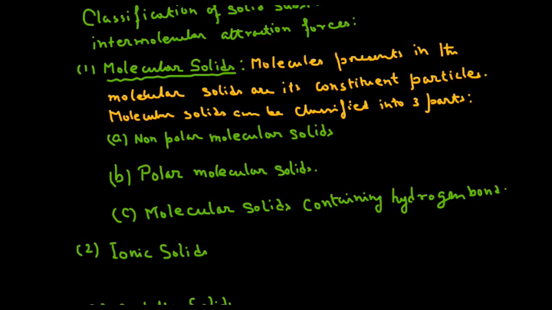Next type of solid is ionic solid. The constituent particles of ionic solids are ions.